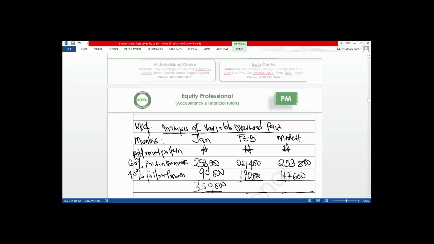Then 393,400 for February. Then March, 401,400.